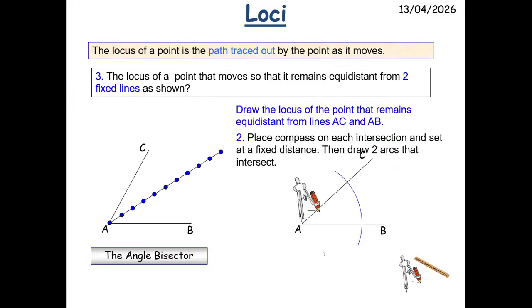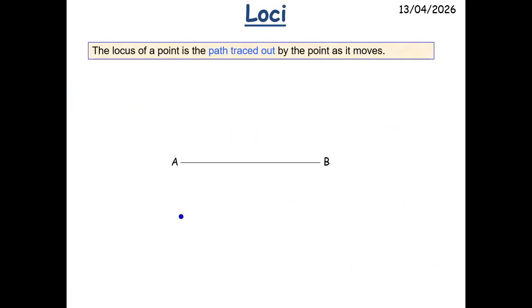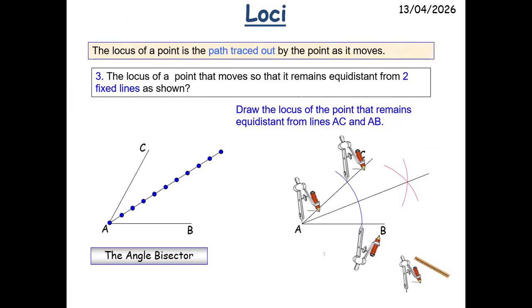Then you place your compass on each intersection and set at a fixed distance. Then draw two arcs that intersect. So here, stay on C and cut the arc. Stay on B, on the line, and cut the arc. So this is what we have. So this is what we should have.